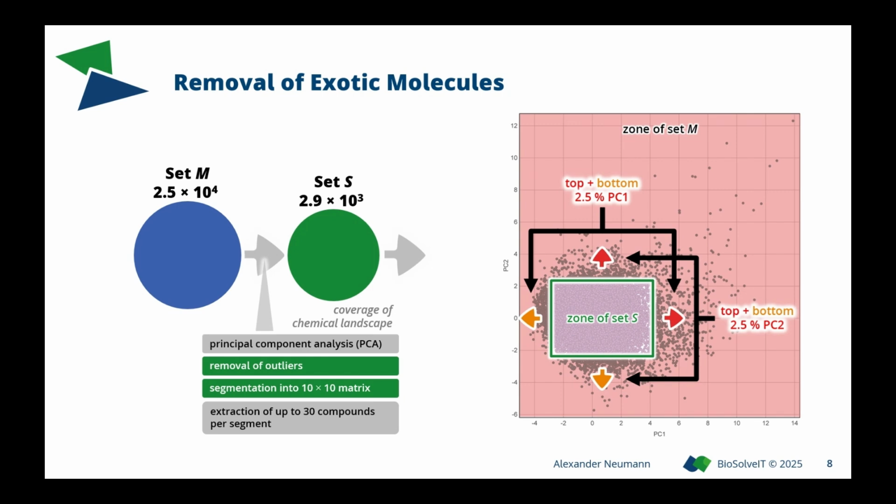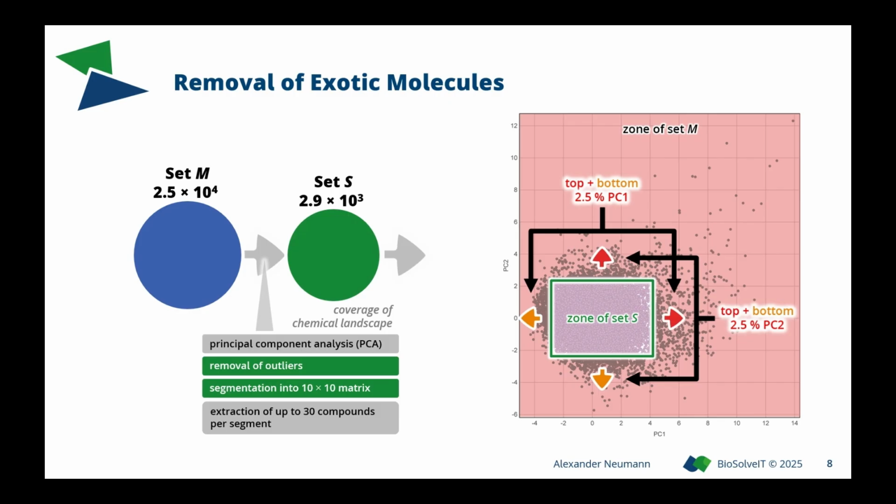So what we did, we actually trimmed everything. Anything that we decide is an exotic compound, and exotic means in this case that it contained very extreme structures or extreme physicochemical properties, as you will see in the next slide.